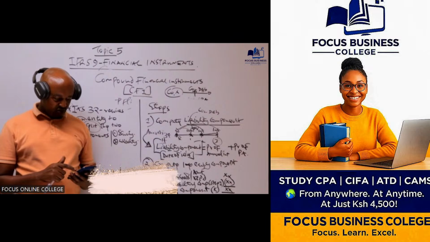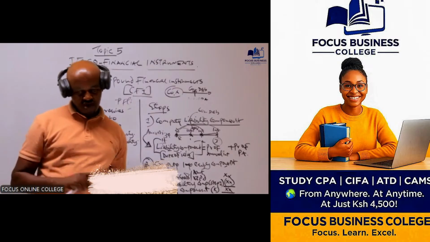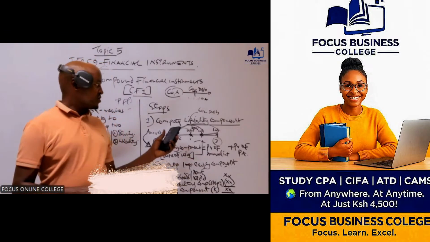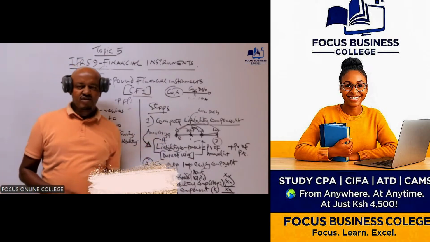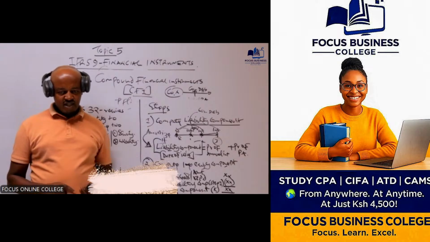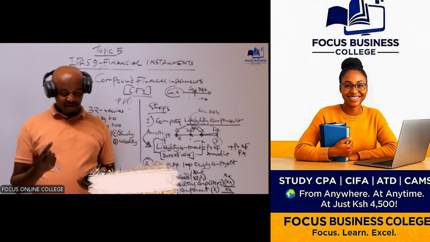I want us to do a question from the past papers. For those coming from CPA intermediate level, there was a question examined on this in FRA, and if you are in my class, we did that question. So I want us to do another question, from AFR.